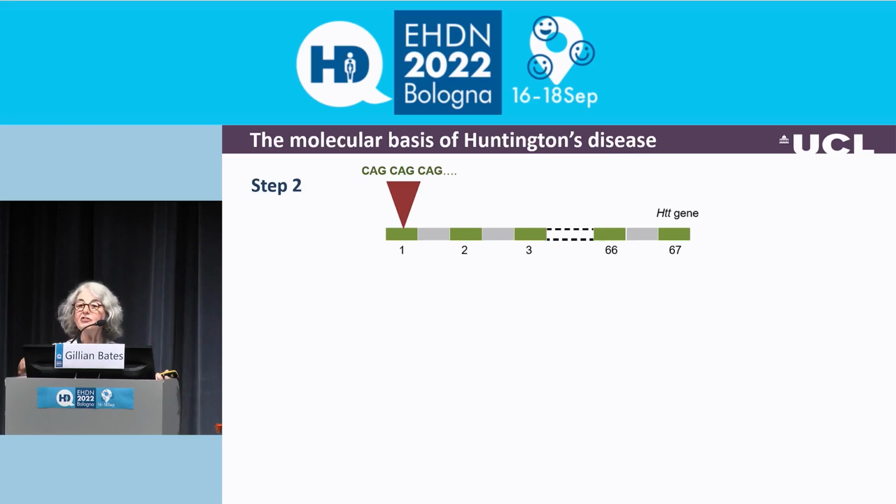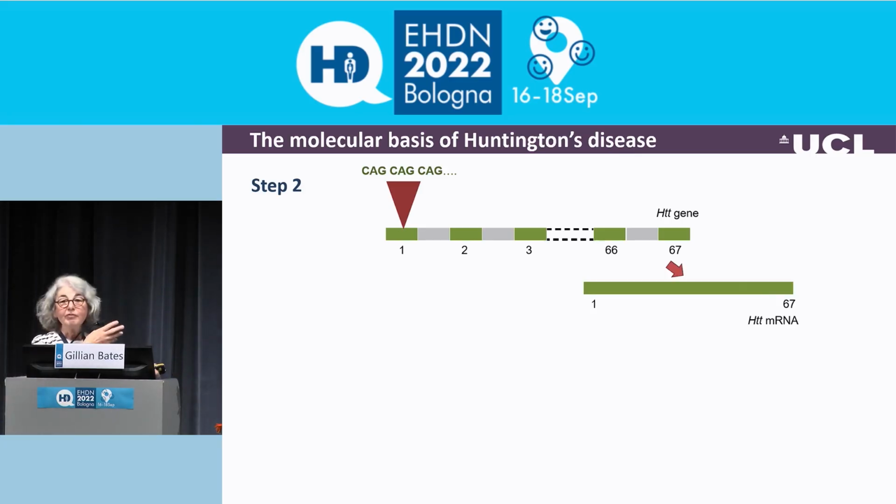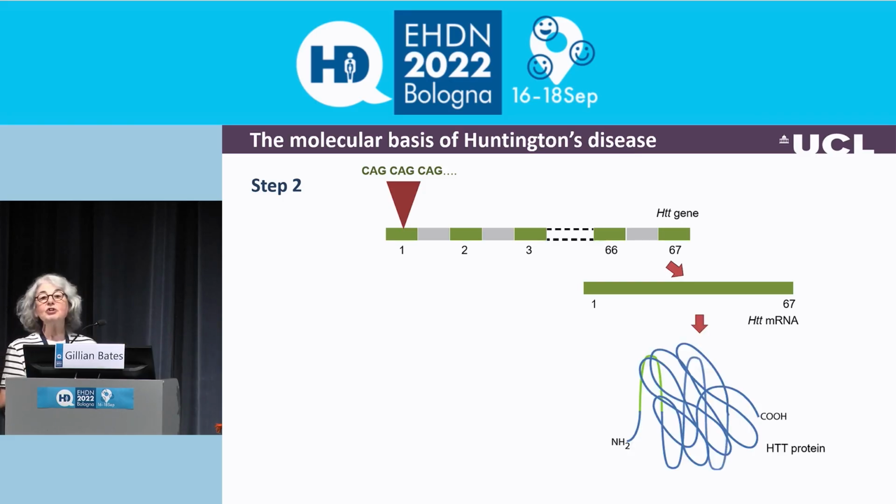When that's turned into the messenger that goes on to make the protein, all of the introns get removed, and you end up with a full-length messenger, which encodes the full-length protein. And in that protein, this CAG encodes for a polyglutamine tract.